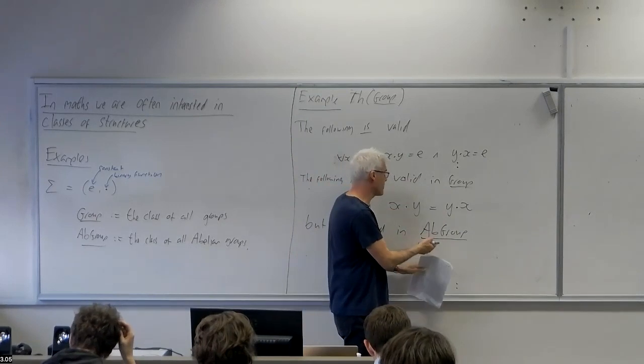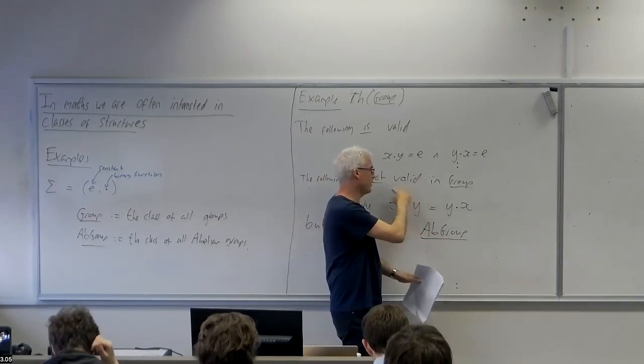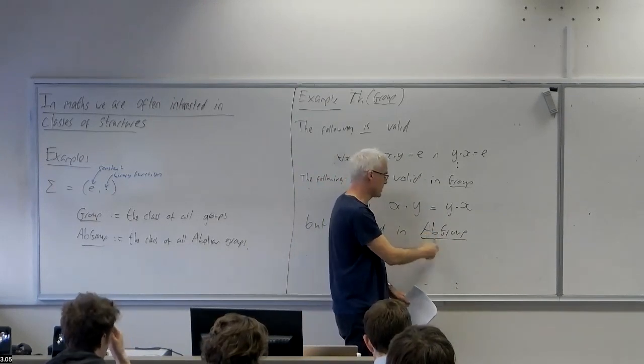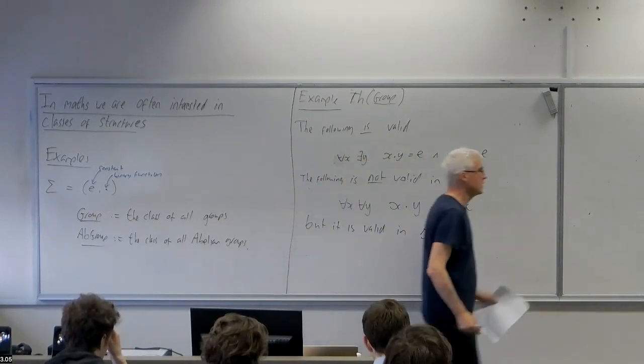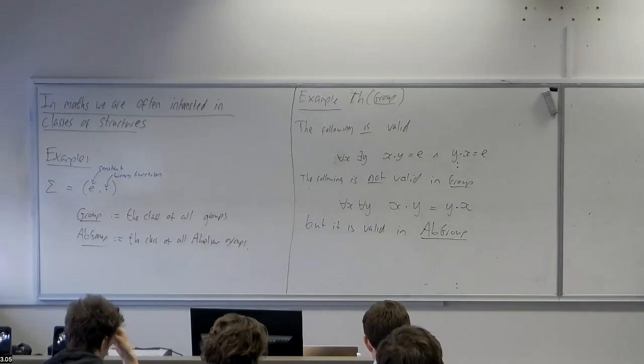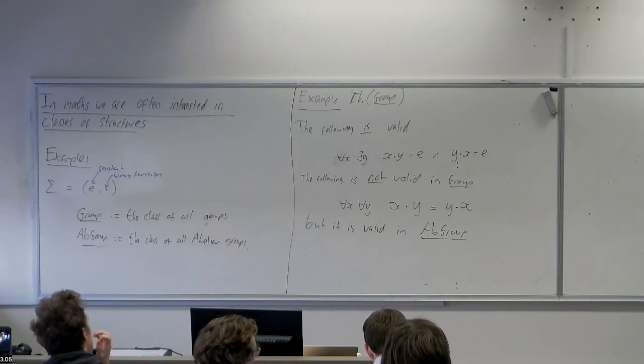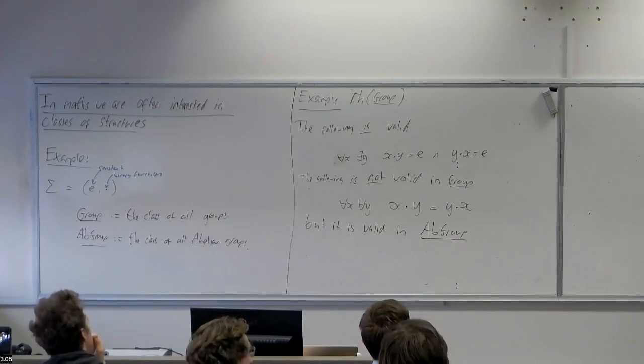In fact, one can see that any sentence valid for all groups will always be valid for abelian groups, because abelian groups is a smaller collection of structures, and by the definition of the theory as the sentences that hold in all structures, it's obvious that if you make the collection of structures smaller, you retain all the existing sentences in the theory, but you may gain some more.